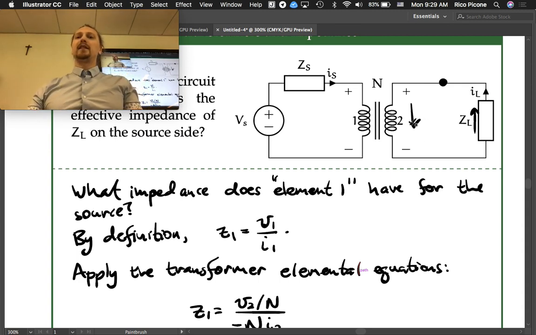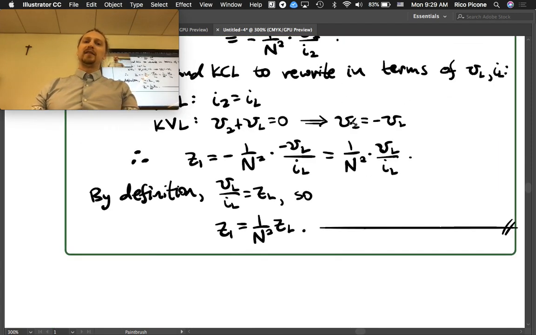And then instead of having to go through this whole song and dance, we can just say, oh, it reflects through the transformer and has an effective impedance on the other side that is the load impedance divided by n squared. So that's kind of nice. You can think of this as being the impedance equation for a transformer. The impedance on one side is reflected through using this relationship.